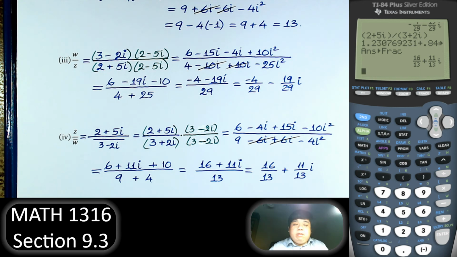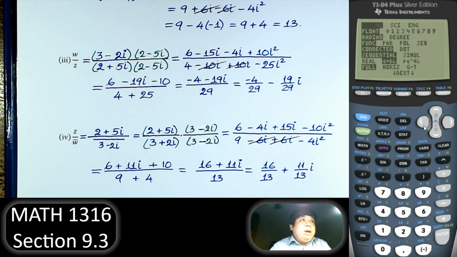Yeah, that's what we have. By the way, when we're done with the complex number, make sure we go back and change this to real number, because otherwise, if it is in complex mode, it will do some strange things.